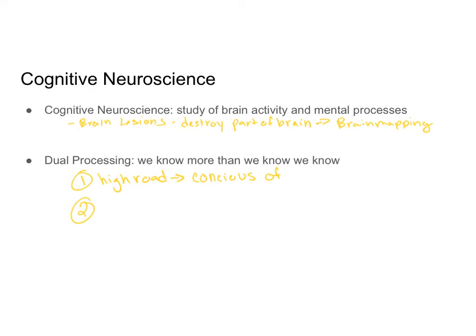So we have the high road we're aware of, but then we also have the low road. And this is what we are unaware of or in our unconscious. So things like your heart beating and breathing. These things happen automatically. So low road is unconscious, also can be automatic, things that we do without thinking.